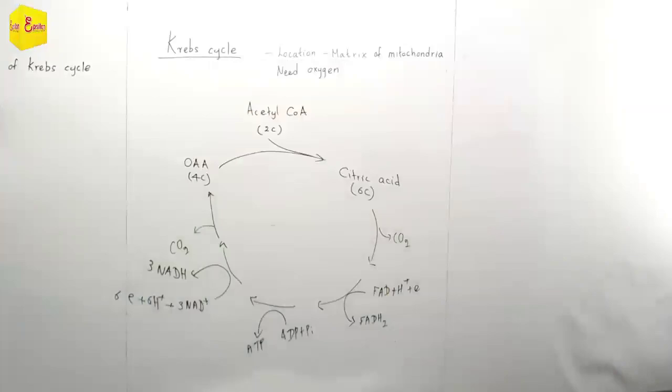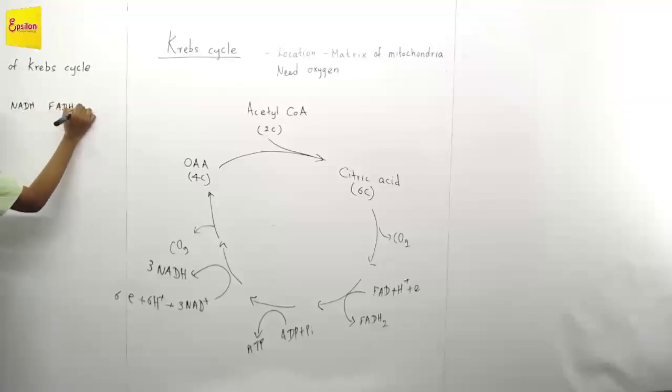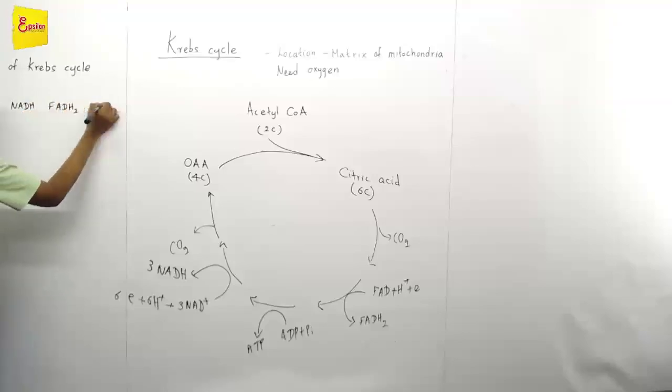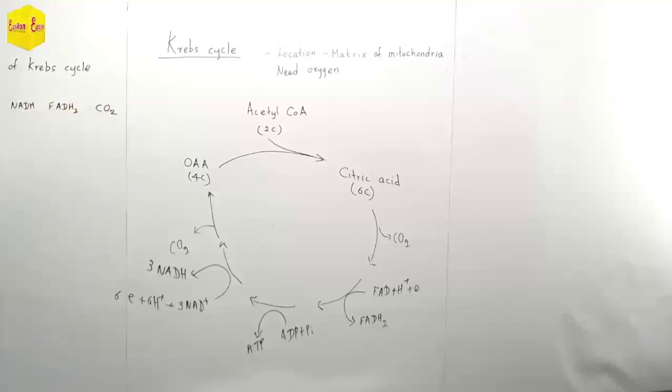I'm asking how many ATPs are produced, how many NADH are produced, how many FADH2 are produced, and how many carbon dioxide are produced. Then per 2 cycles. 2 cycles meaning per 1 glucose. Understood?